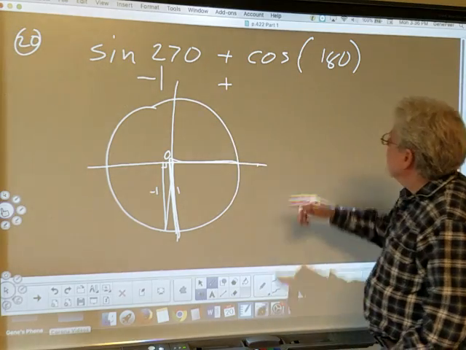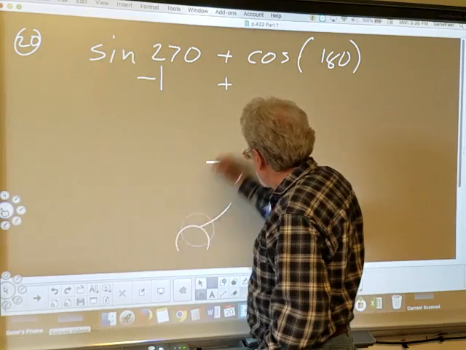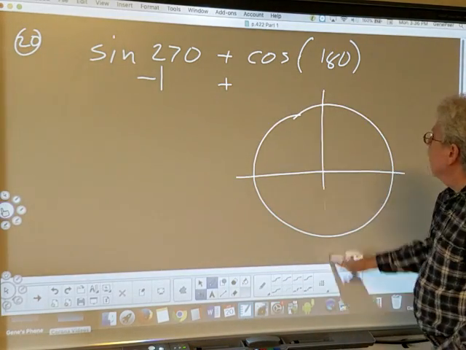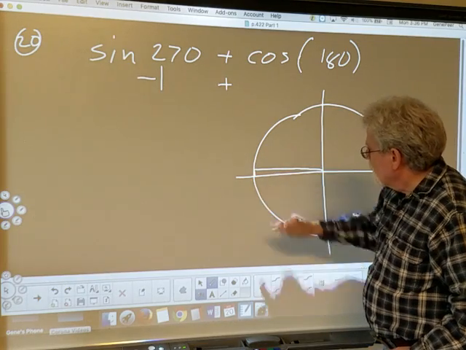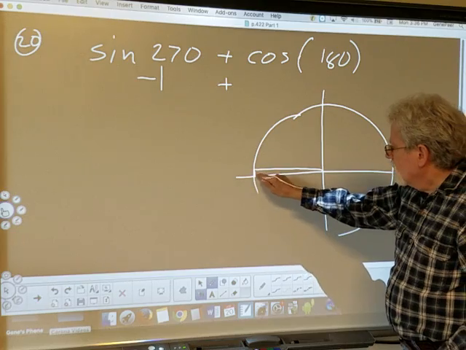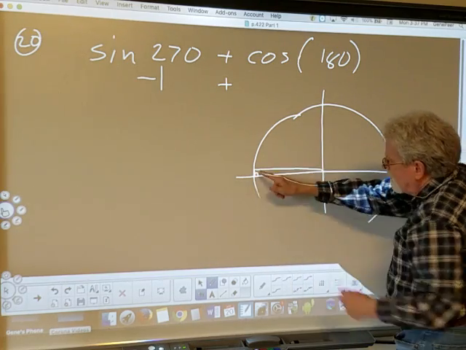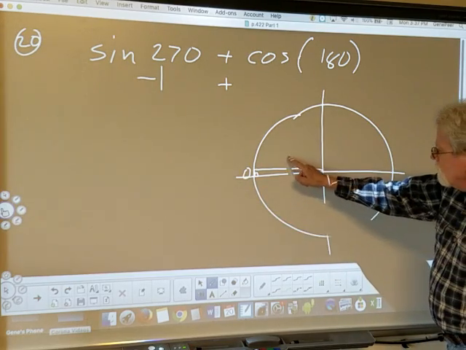Plus cosine of 180. Just erase this. Doesn't take much to recreate one. 180 being over here. So that's going to be like this. Where in reality, if this were all the way down flat, the opposite side here would be 0. The hypotenuse is 1.